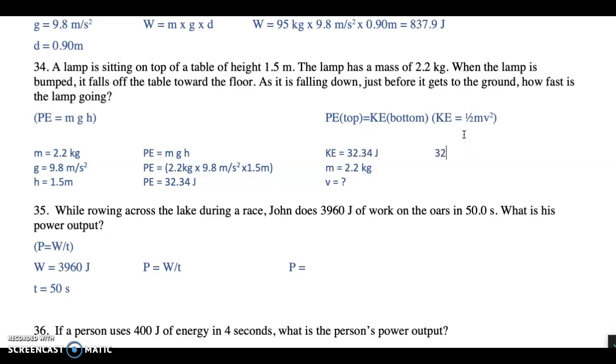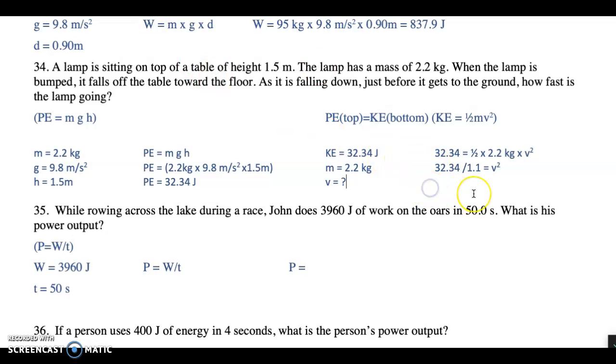I get 32.34 is equal to 1/2 times mass, which is 2.2 kilograms, times velocity squared. Okay, so then this is going to be 1.1. So I'm going to have 32.34 divided by 1.1 is equal to v squared.